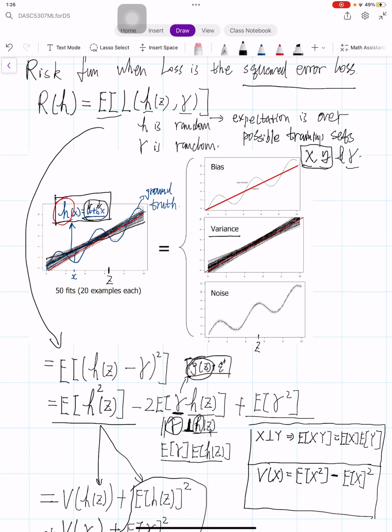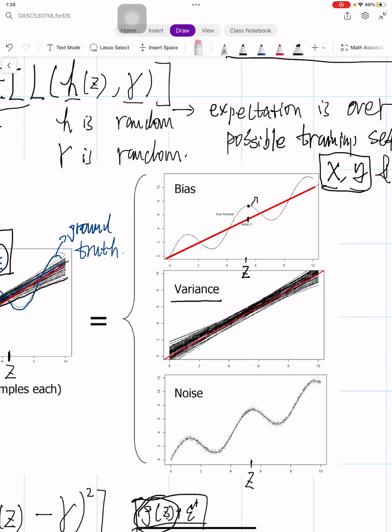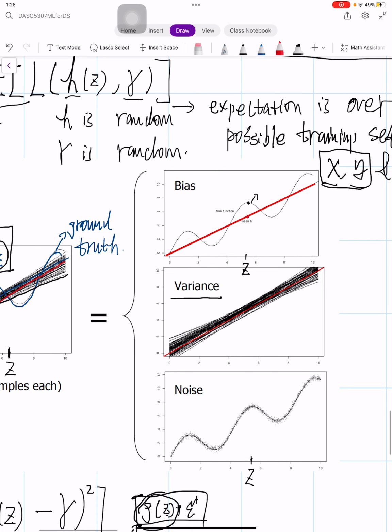And the model bias, we already talked about, is just the distance at the fixed point z. What's the distance between h and the truth? This red line is h, and this value is h(z).